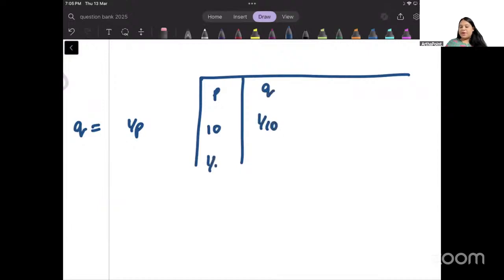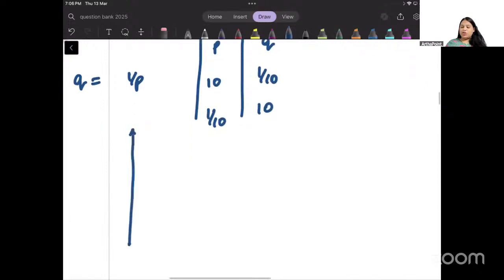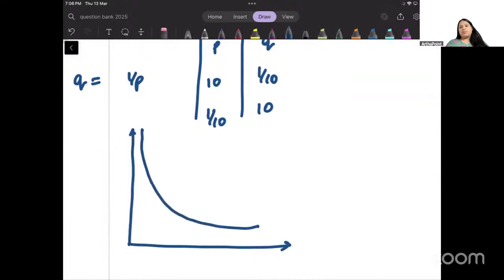When p is 1/10, Q will be 10. When you will try and plot this, तो आपको एक रेक्टेंगुलर हाइपरबोला मिलेगा. You will get rectangular hyperbola.